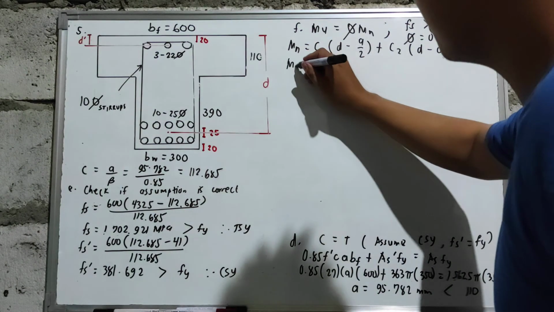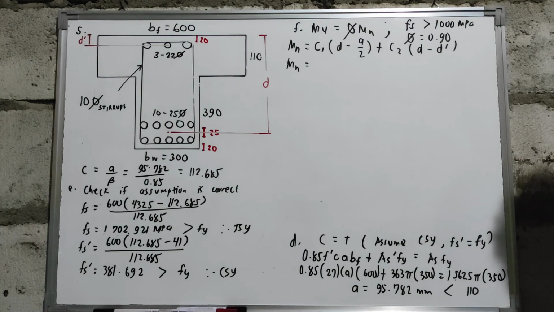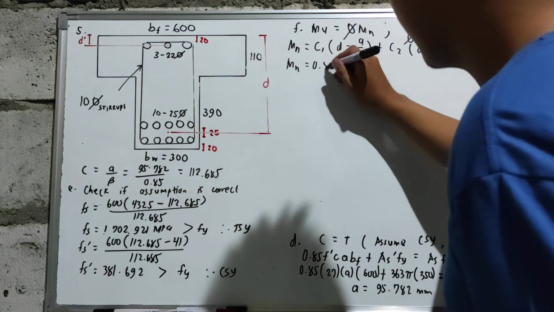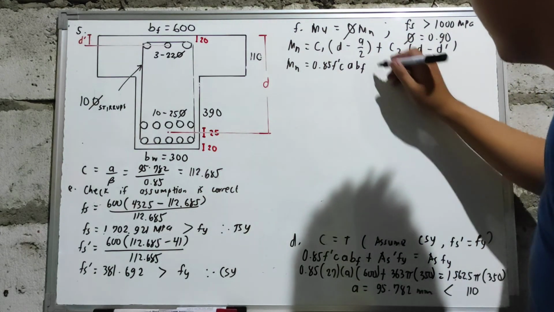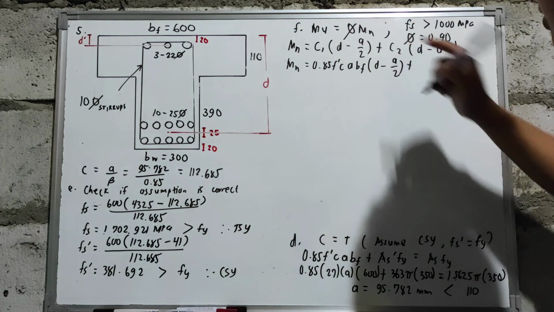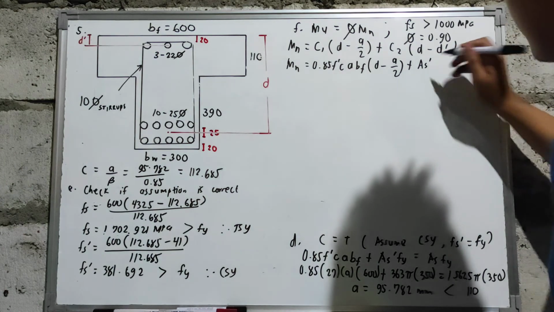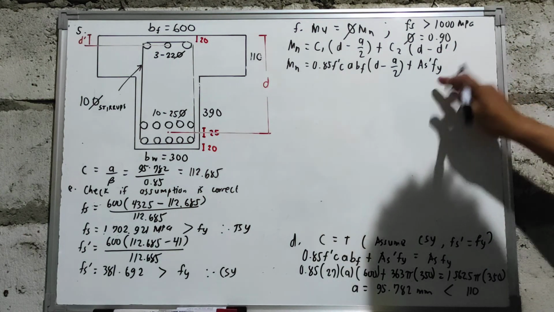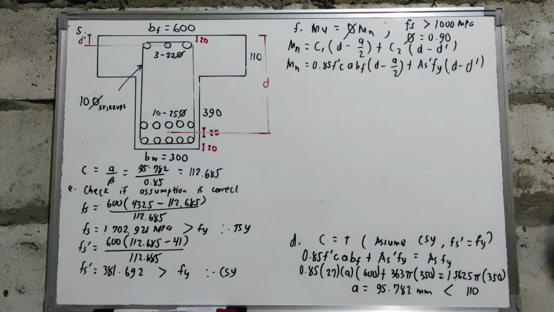In computing for your nominal moment, you have C1, which is equal to 0.85 f'c, a multiplied by the base of your flange, multiplied by the moment arm, plus our C2, which is the compression steel bars. We have As', so this is Fy, multiplied by the moment arm of d minus d'.